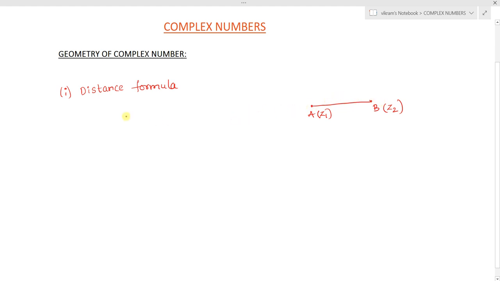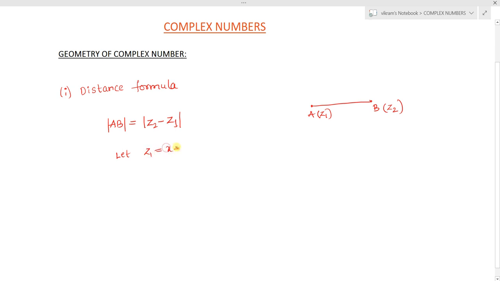The distance between the two points AB is nothing but the modulus of z2 minus z1. So the length AB equals the modulus of the difference between z2 and z1.